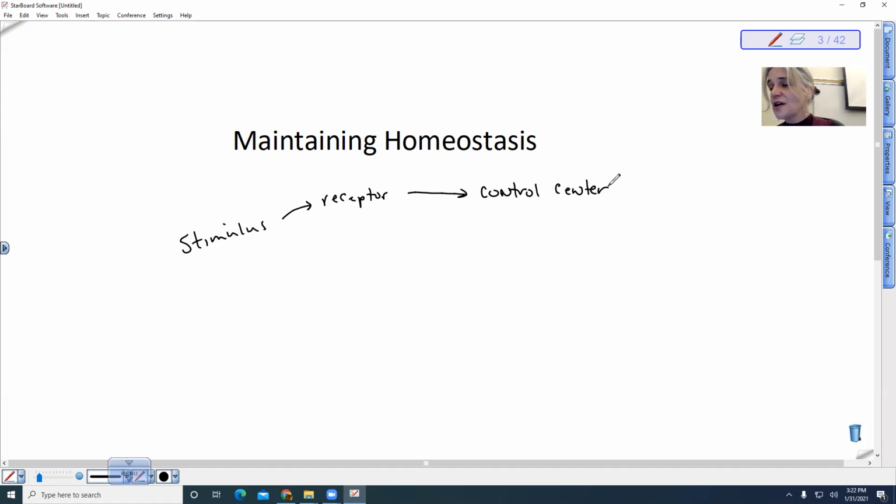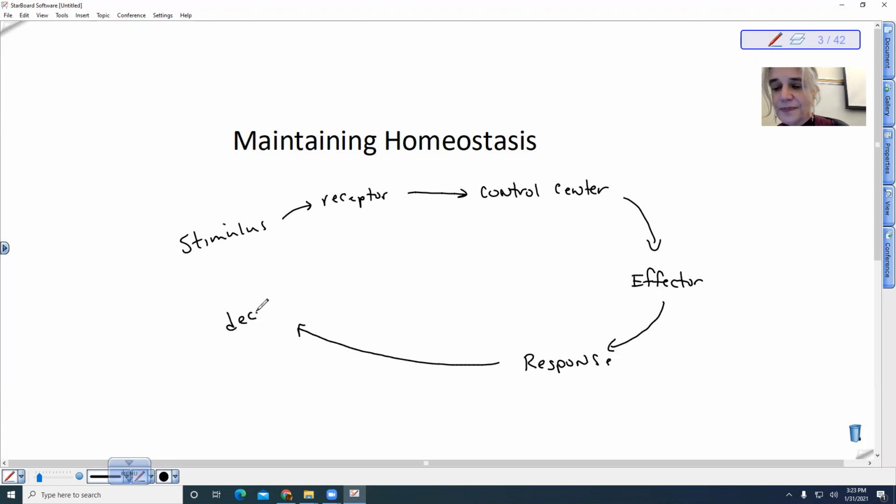This control center then causes a response. So we could say that this is the effector organ, and it causes a response, and this response decreases the stimulus. Hence why it is called a negative feedback mechanism.